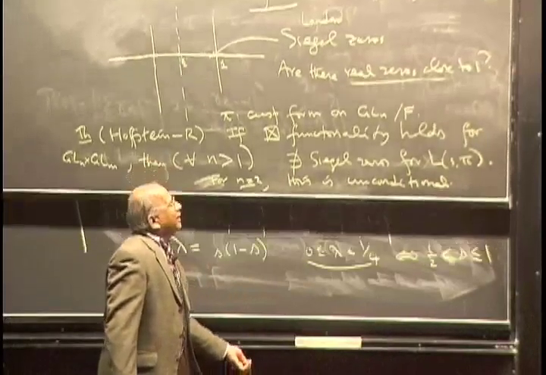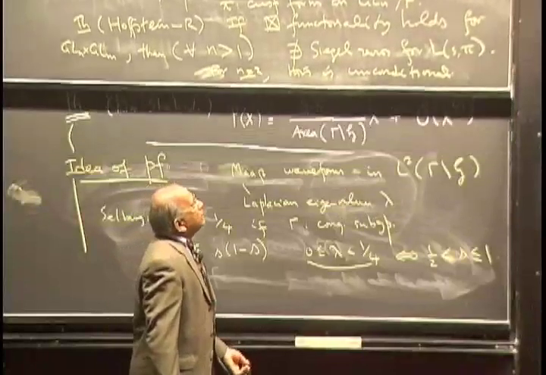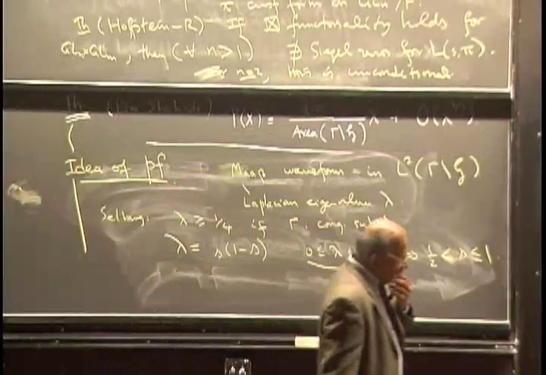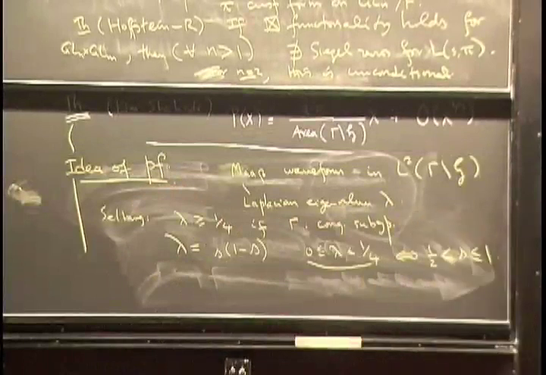Okay, so it's kind of nice that if you take an L function of an elliptic curve, for example, you don't have any Siegel zeros.